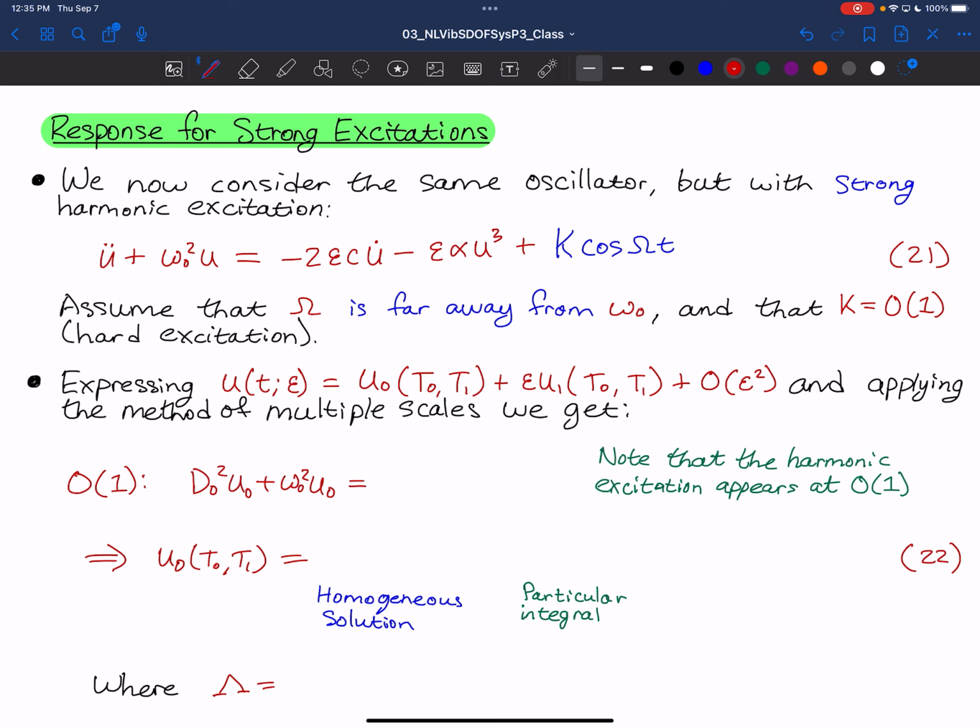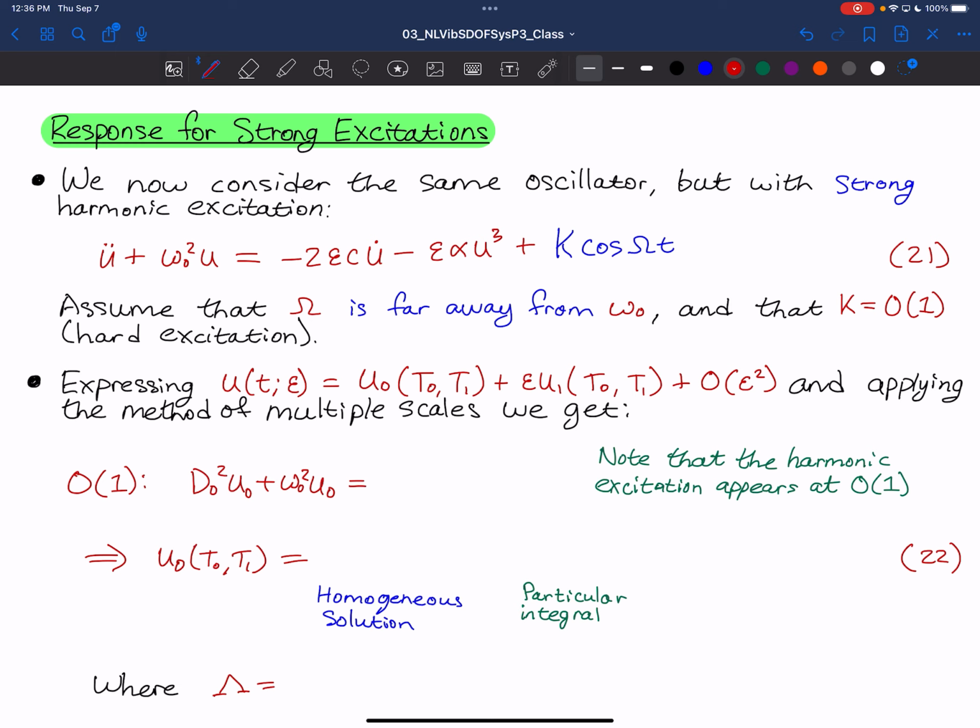In this case, this excitation is strong, K is of order 1. The other thing we're assuming is that this big omega, the forcing frequency, is far away from the fundamental frequency omega 0.